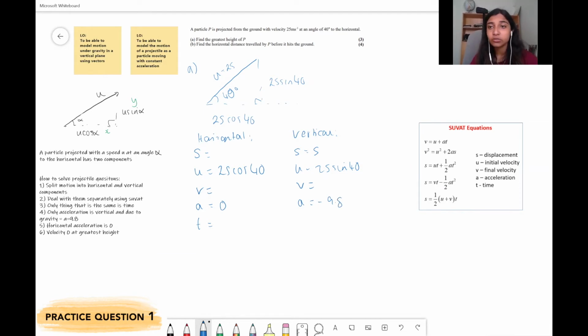Acceleration is always negative because gravity is acting in the downward direction, so if you're throwing up, it's just going to be negative 9.8. And we don't know our time.